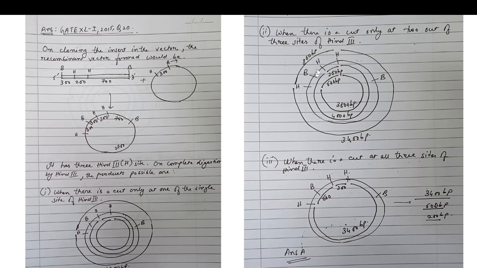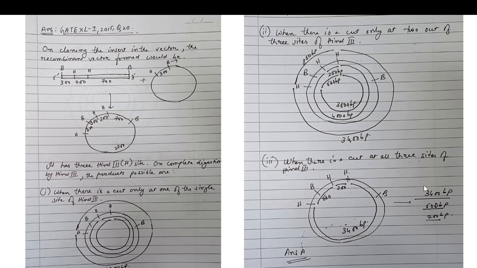Again, all the possibilities I have drawn, how it will look if there is a cut in two HindIII sites, and if it is a complete digestion, that all three are cut, then one will be 3400 base pair, one will be 600 base pair, and one will be around 200 base pair.